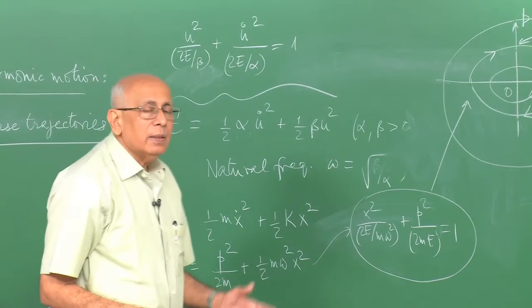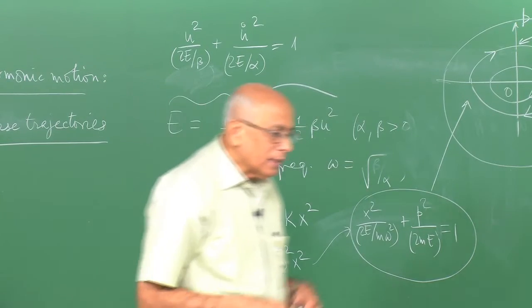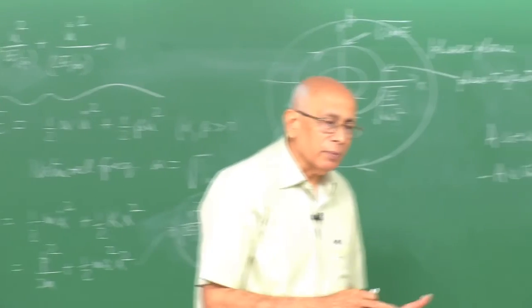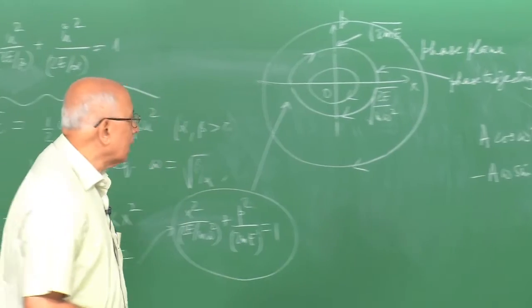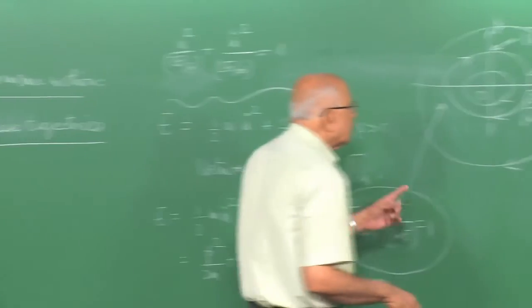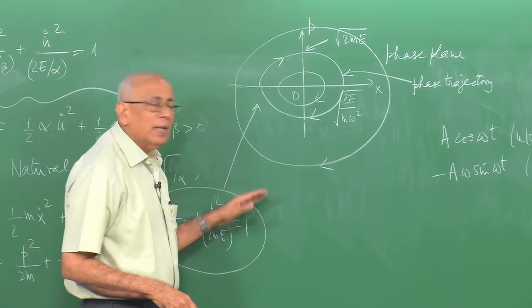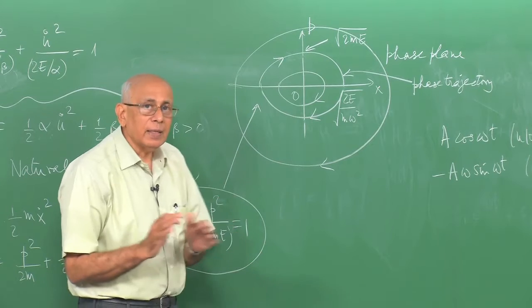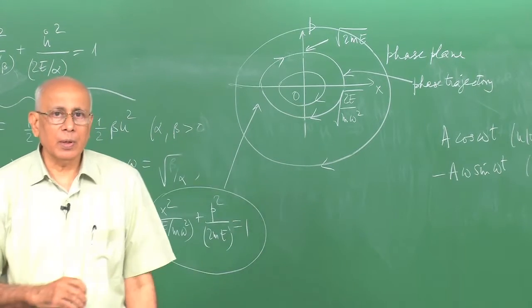So the phase plane is a beautiful way of eliminating time from the behavior of the dynamical variables, and understanding the motion in terms of a trajectory in the space of a variable and its velocity or corresponding momentum.